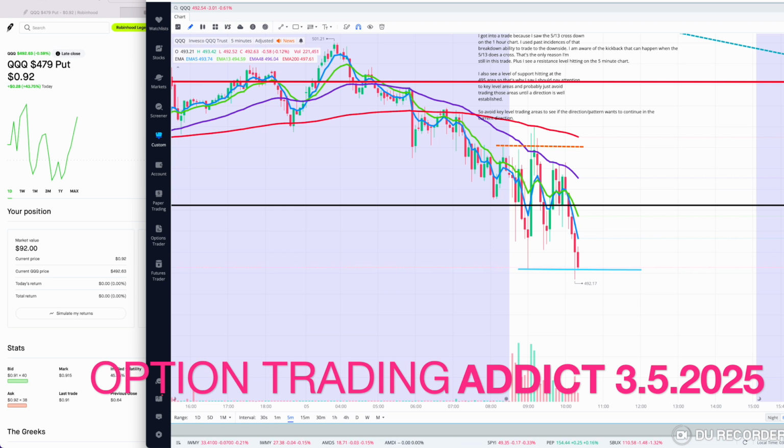If it breaks, I don't know if it's going to. I was up like $30 at one point when it dropped here the first time. Could be at that point where it's about to do a reversal. So I'm just trying to see if I should sell it or if I should just stay in it.